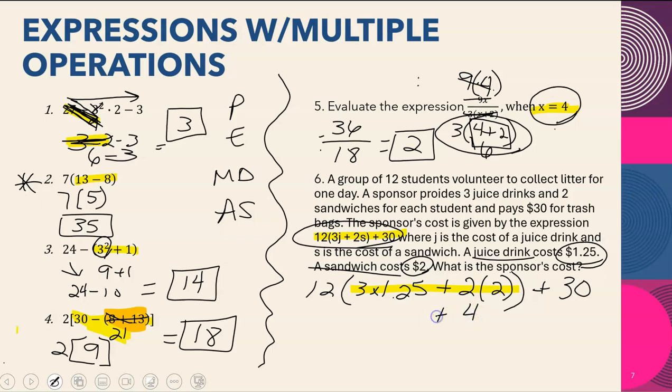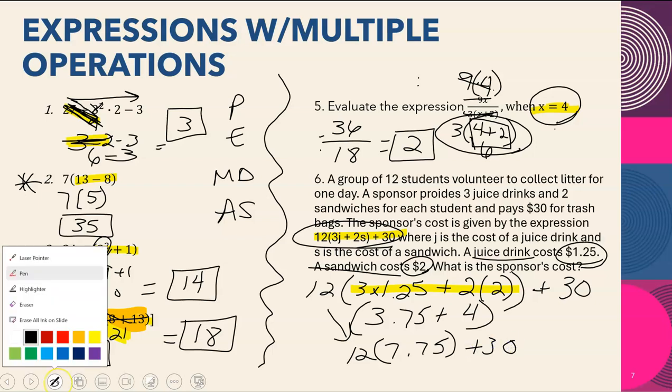We got 4 over here. And we got 3 times 1 1/4, which is 3 3/4. 3 3/4 plus 4 is 7 3/4. Now we've got that value within the parentheses. Everything else falls down. That 12's out here, plus 30. All right, we got multiplication and addition.